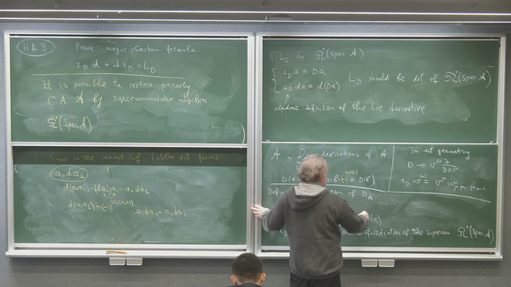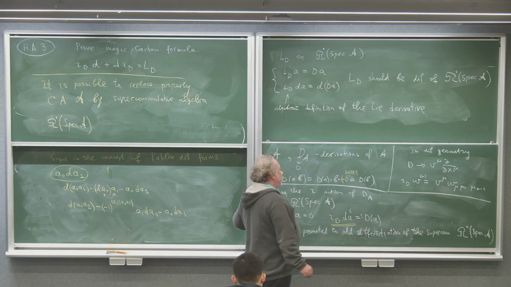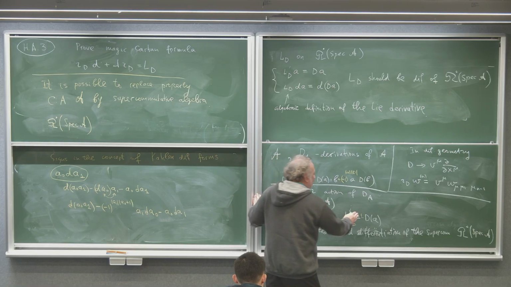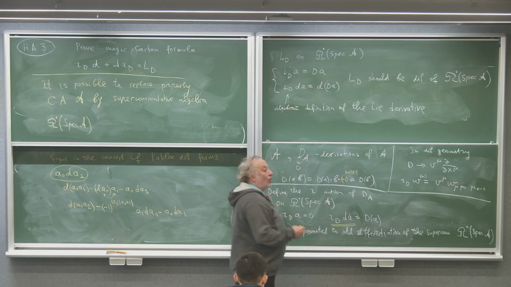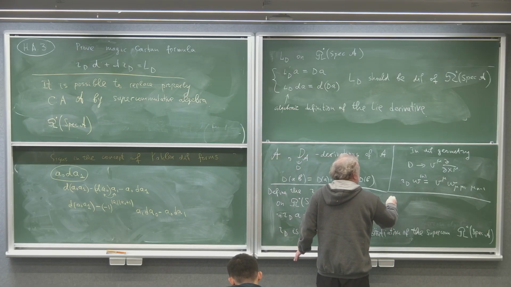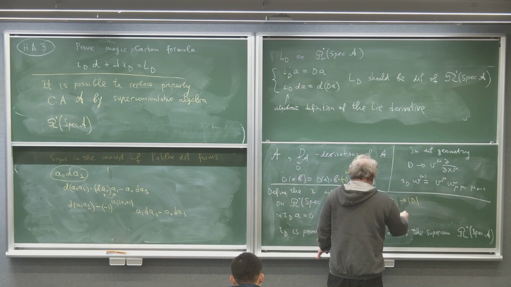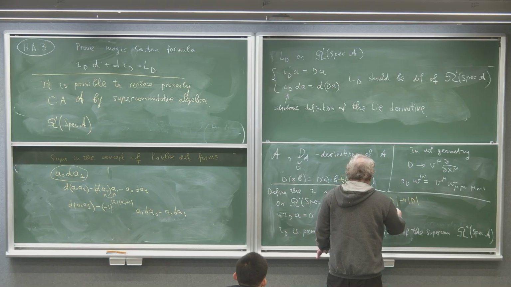So the question is whether we should put plus or minus here. According to the general rules of supercommutative algebra, v has a parity, and also this thing has a parity.